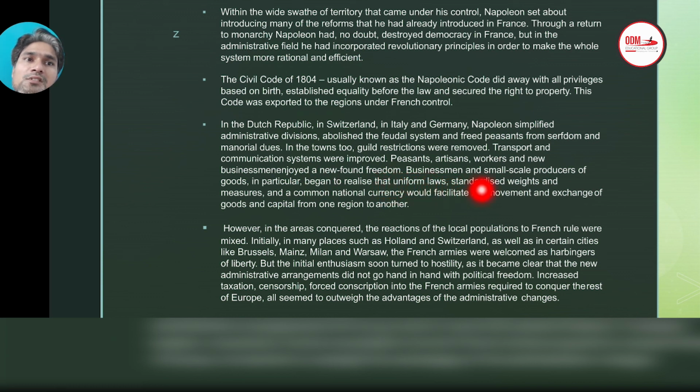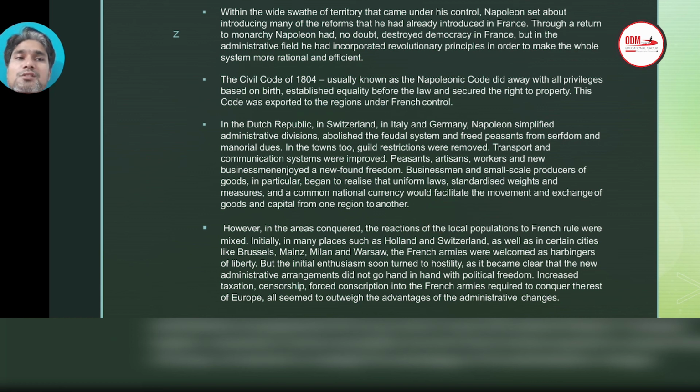We can say businessmen and small scale producers of goods in particular began to realize that uniform laws, standardized weights and measures, and a common national currency would facilitate the movement and exchange of goods and capital from one region to another.